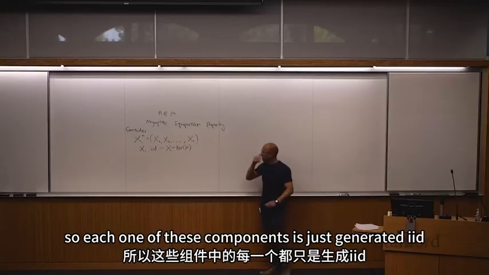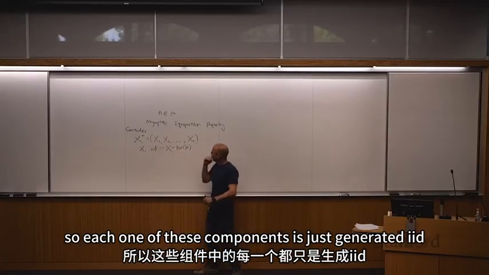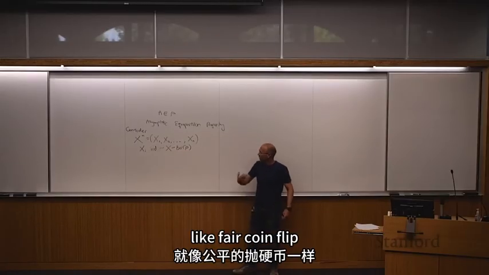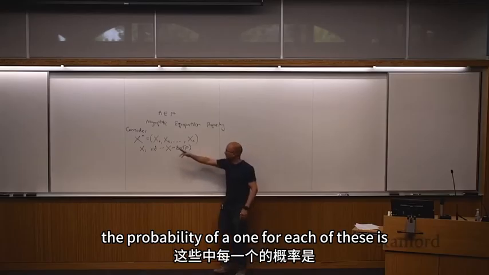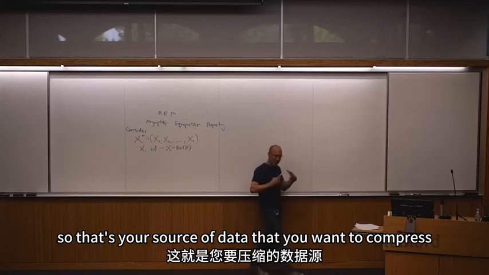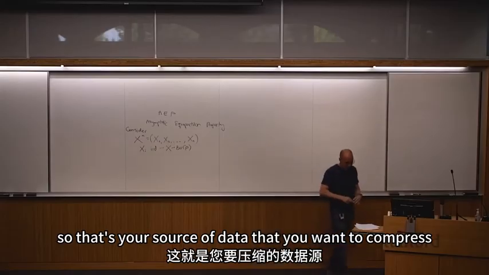Each one of these components is just generated IID, like a coin flip. The probability of a 1 for each of these is p. So that's your source of data that you want to compress.